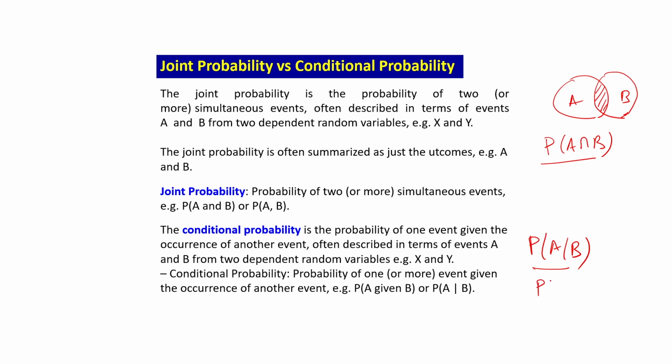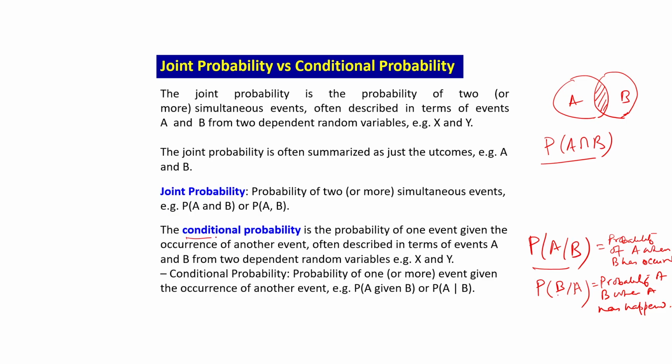Now, if I write it the other way, the probability of B when A has already occurred, right? So this one is the probability of A when B has occurred, and this is the probability of B when A has happened.